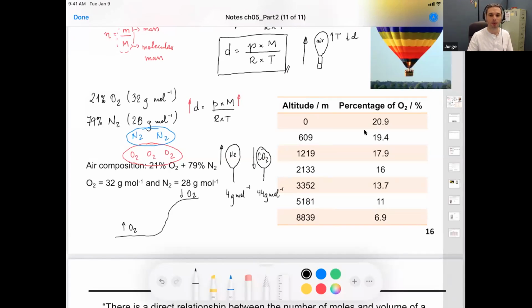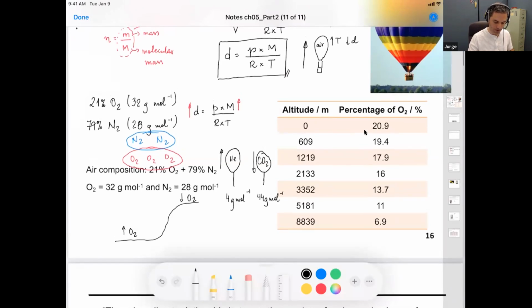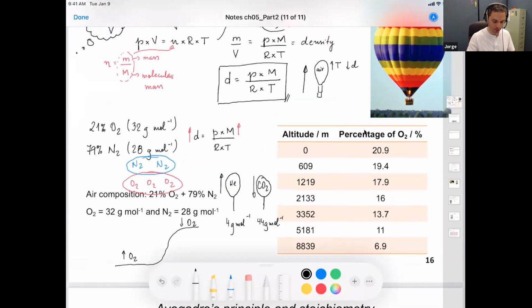So always look at the equation and the relationships that you can extract from it. And that's how you calculate the density of gases and how you use it to make comparisons.